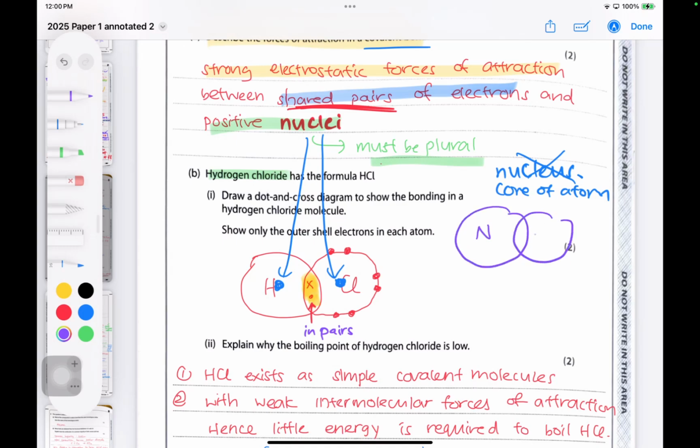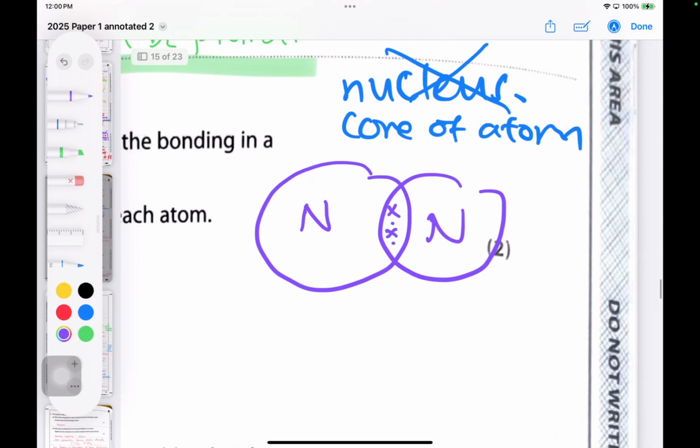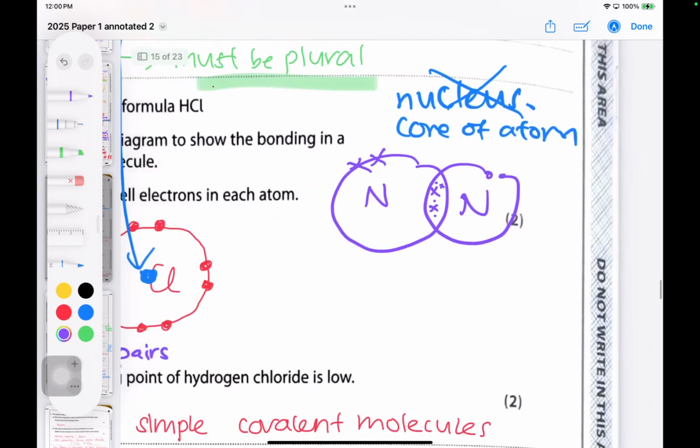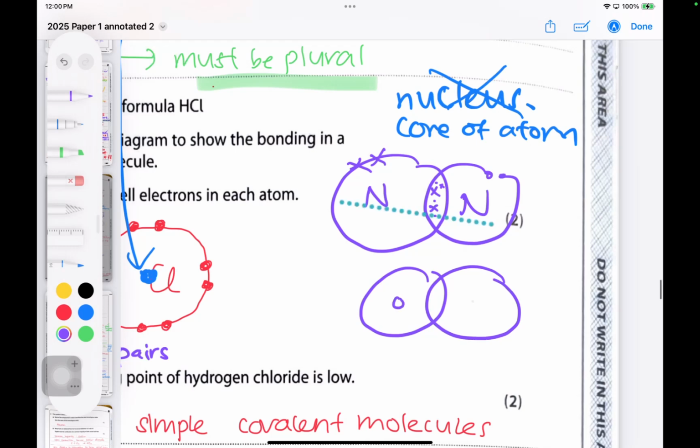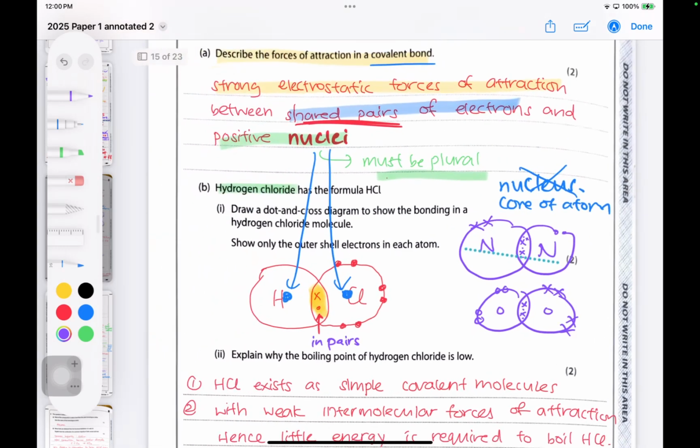Between two nitrogen atoms, you actually will have 3 pairs of electrons. Okay, if it's oxygen, then it's going to be 2 pairs of electrons. If you don't believe, feel free to use your periodic table and work backwards towards this. So the electrons will always be in pairs, so this is another set of keywords that you want to look out for.